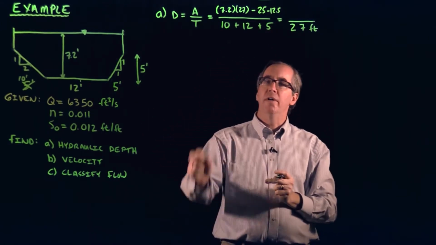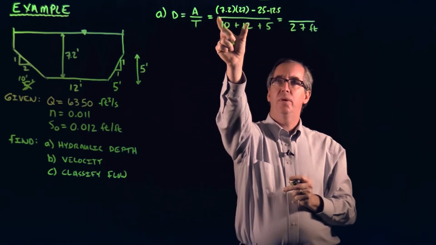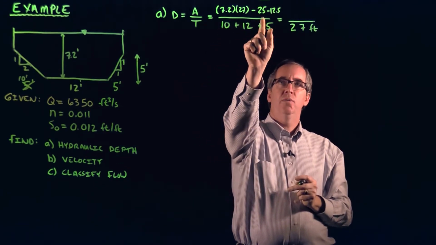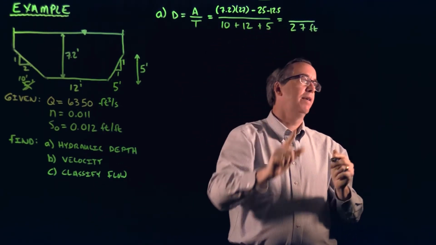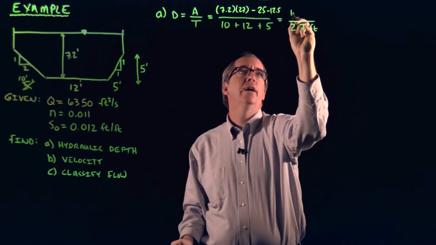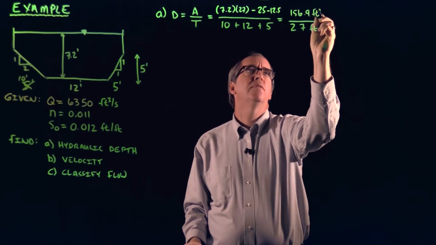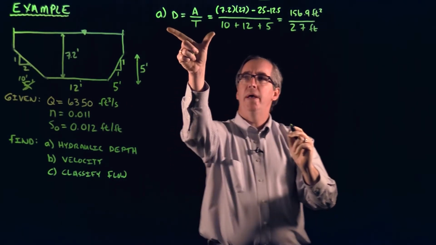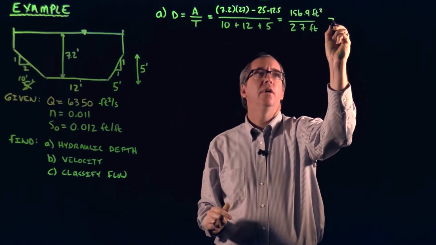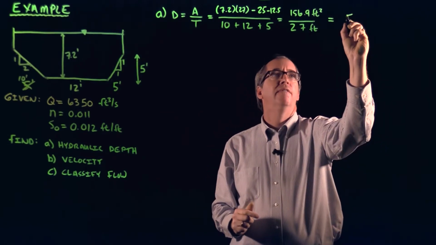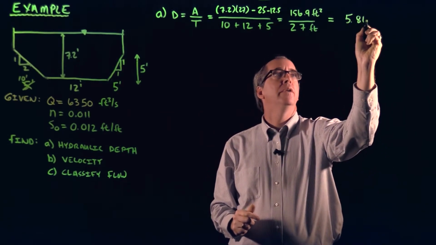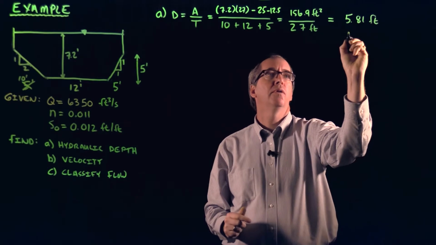So if I take 7.2 times 27, I subtract 25 and subtract 12.5, I get an area of 156.9 feet squared. Okay, so based on that, I get a hydraulic depth of 5.81 feet.